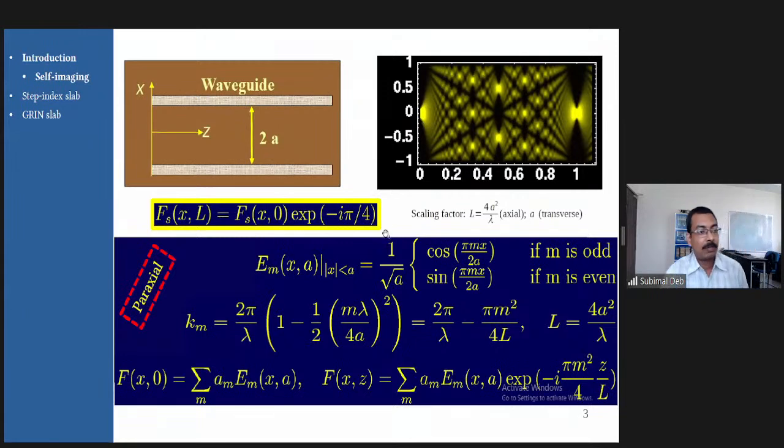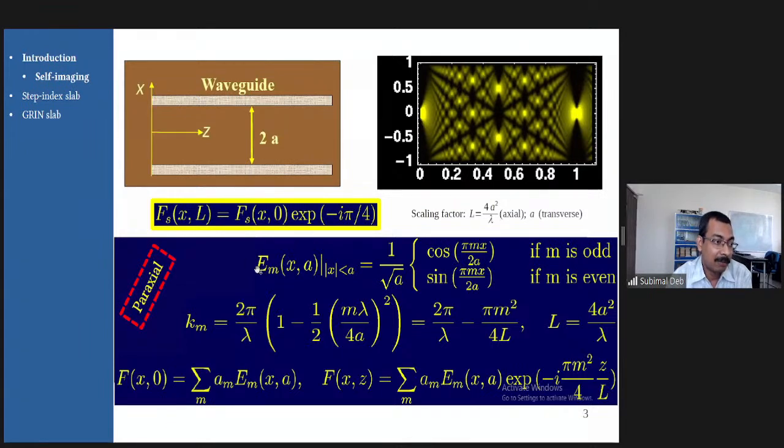And this factor of 1 by root a comes up for normalization of the individual modes. Outside the cavity, that is within the walls of the waveguide, we assume that the field is 0 for a metallic waveguide.